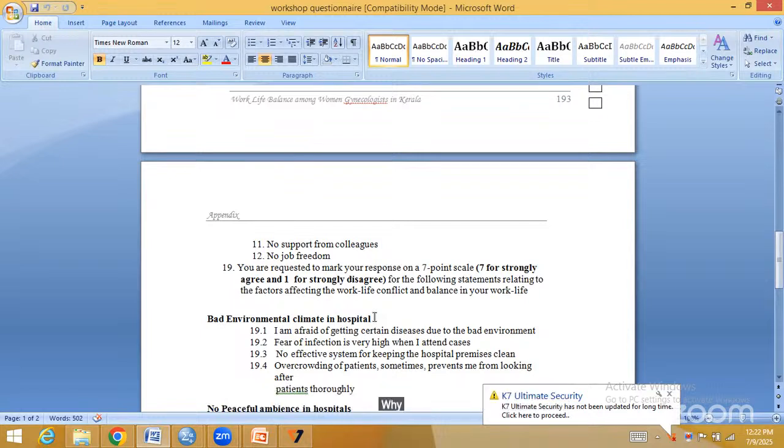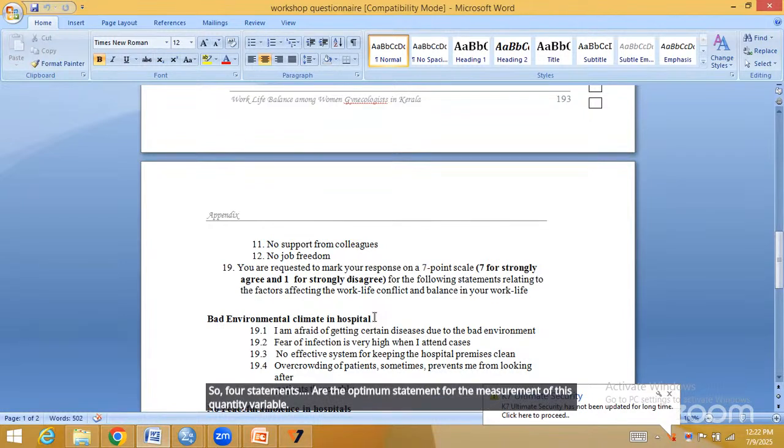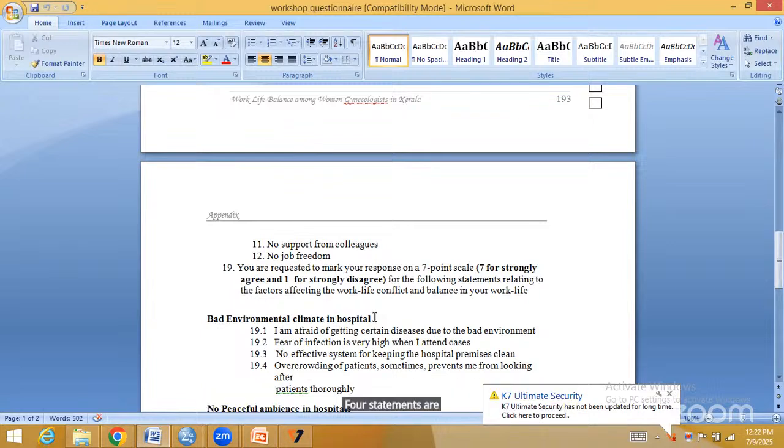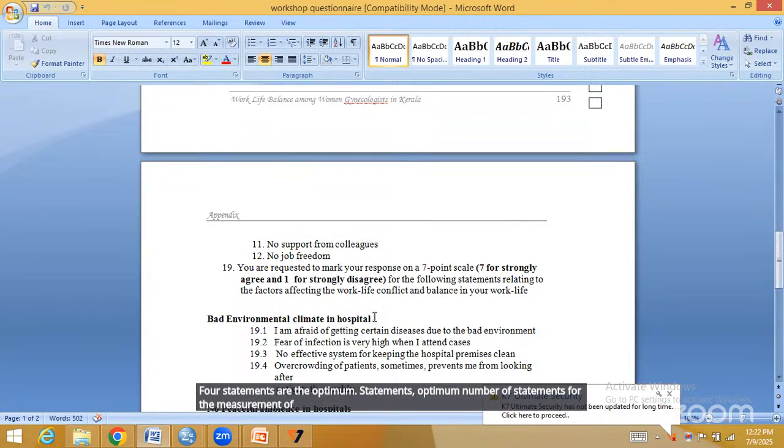Why can't we use more than 4 statements? Why can't we use less than 3 statements? So 4 statements are the optimum number of statements for the measurement of this qualitative variable.